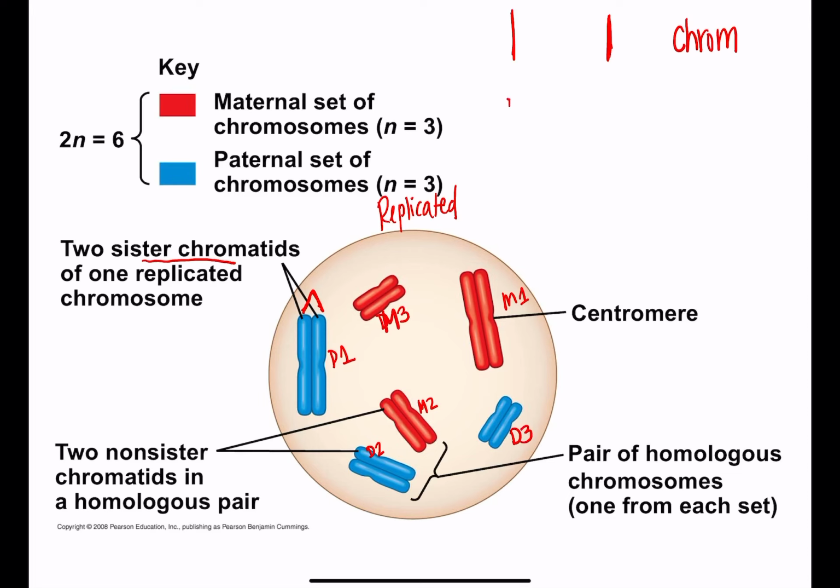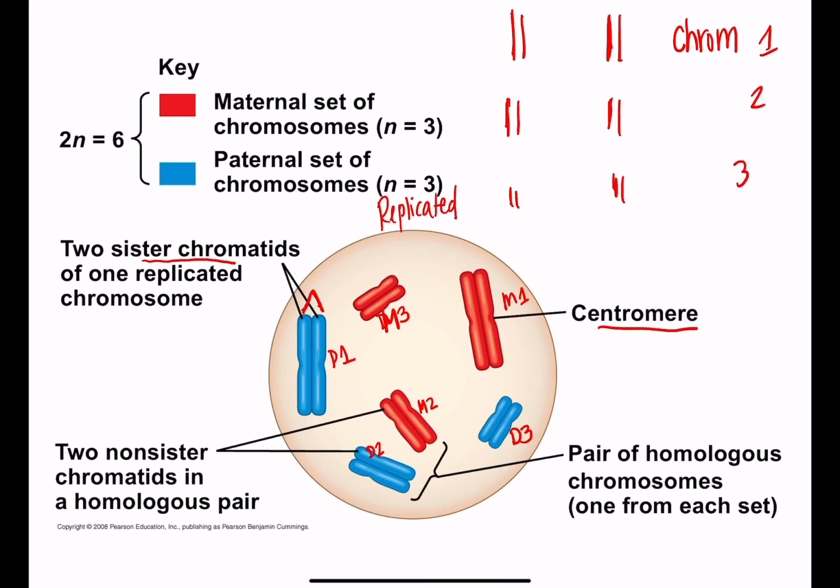So it had one from mom and one from dad. And then those got replicated, and that's when you get the sister there, right? And that's what we see here, chromosome 1, 2, and 3, in this diagram. Those sister chromatids attach at the centromere.